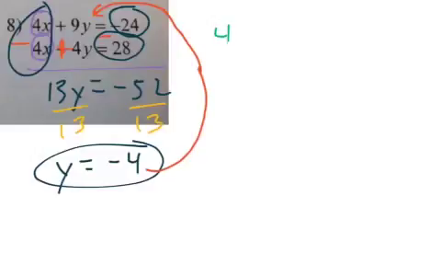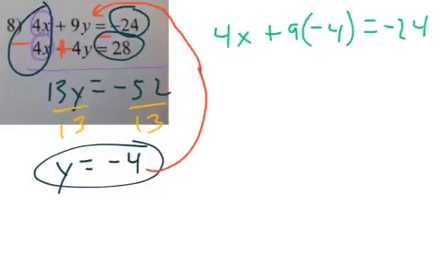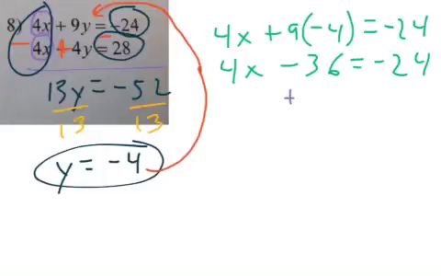So what we have now is 4x plus 9y, which is now negative 4, equal to negative 24. All I need to do is solve it. 9 times negative 4 is negative 36. I'm going to go ahead and add 36 to both sides.